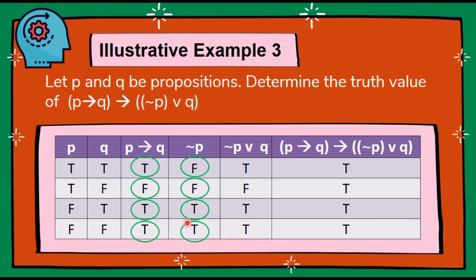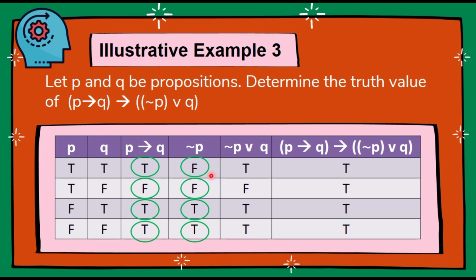After that, we need to find the negation of P or Q. So we will compare this negation of P and Q. On our disjunction, as we said, just give me one truth and the entire proposition will be true.